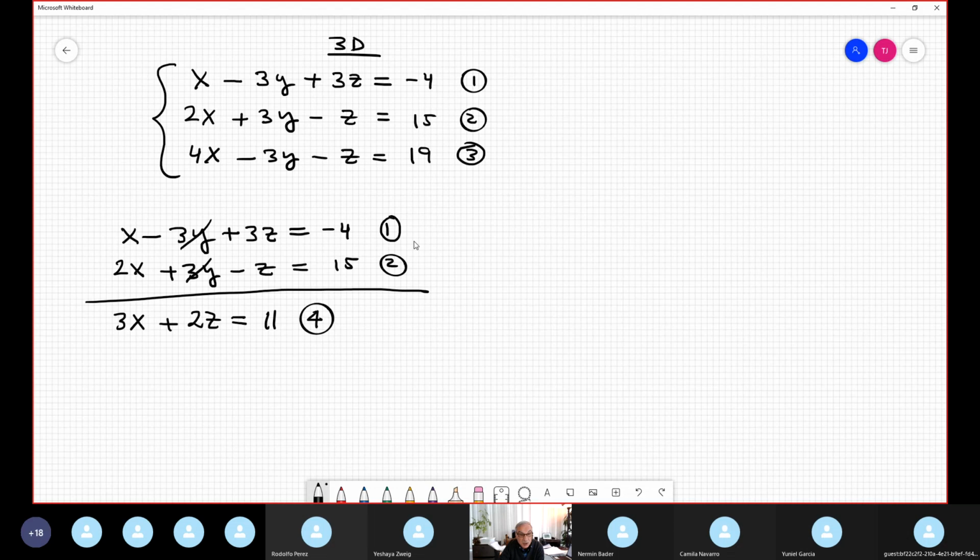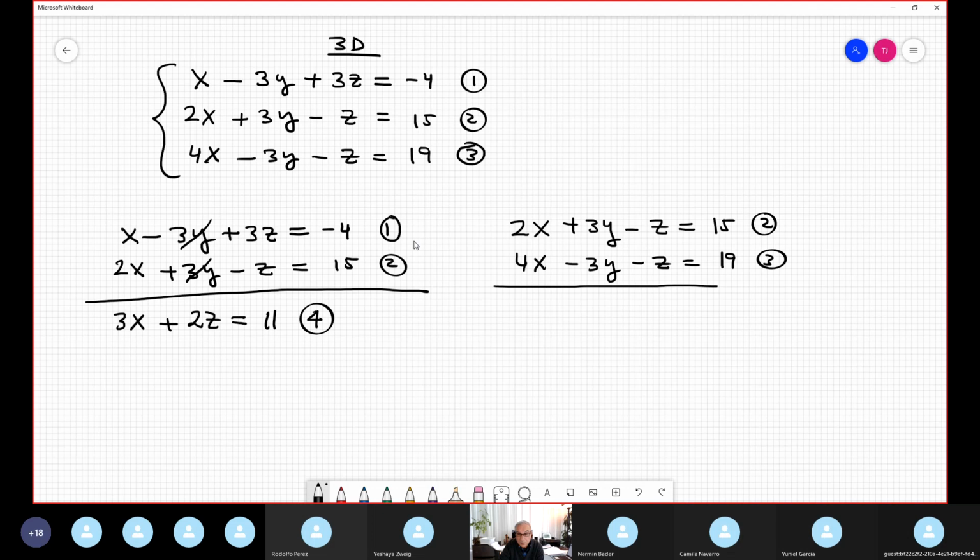Now you pair two equations. I pair 2 and 3. But what is the reason I decided to pair 2 and 3? Equation 2 and equation 3. Well, because in the second couple of equations, you must eliminate the same variable.